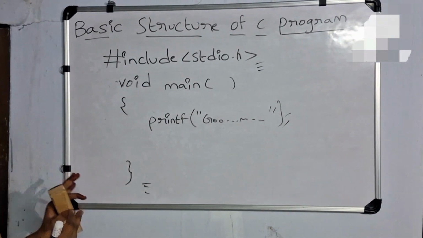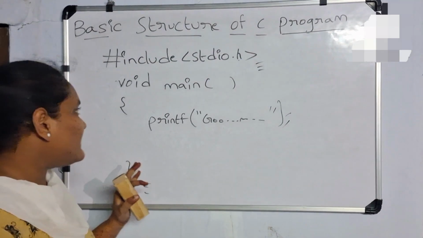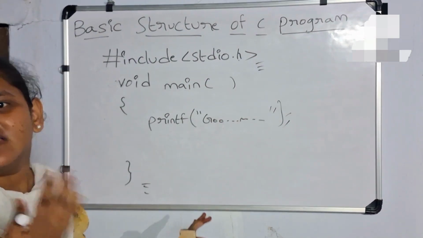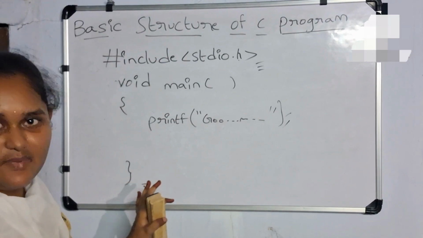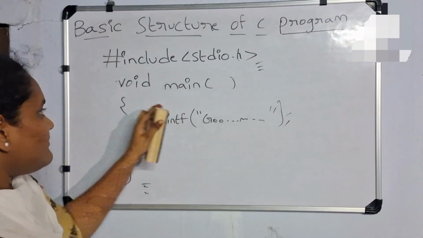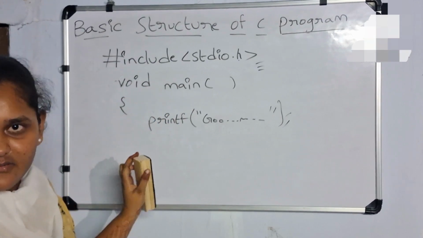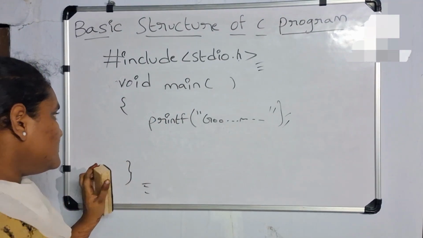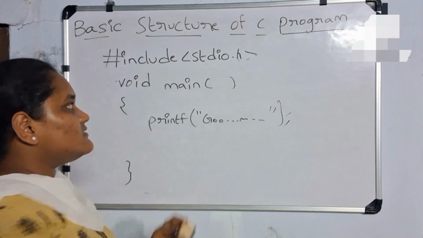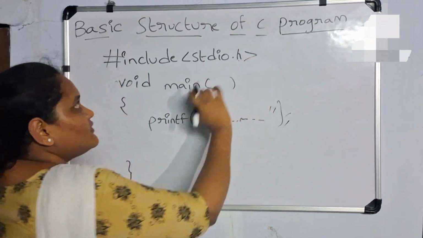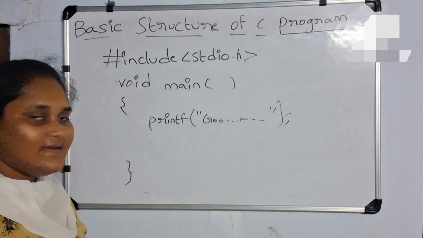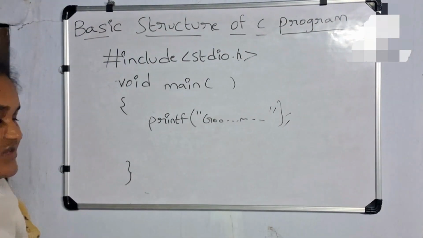First, the compiler searches for the main function, goes to the main function and compiles it. After that, it will go to any other functions. For example, I am saying that execution of the C program will start from the main function. And yeah, so these are the basic things a C program should have. This is the basic structure of a C program. So let me give notes for this information.